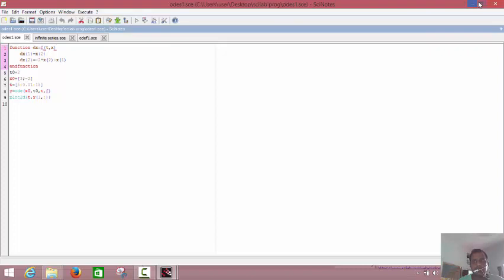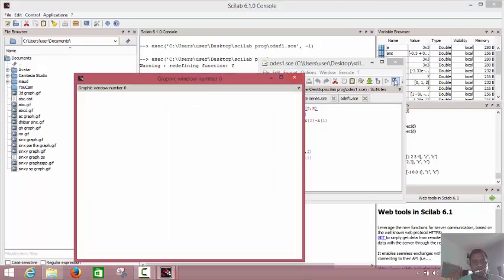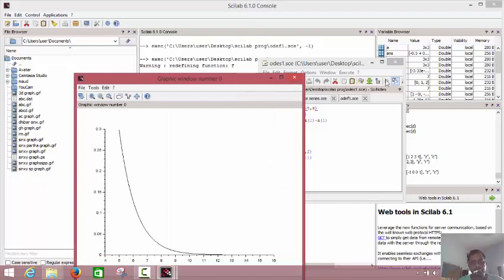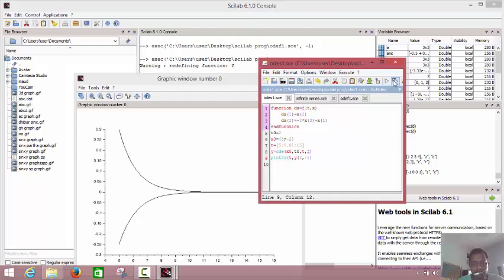When we run this, we get a curve like this for the y value. If we want the y prime value, then the graph will look like this. So these are the two curves: the first for y, and the second for y prime.